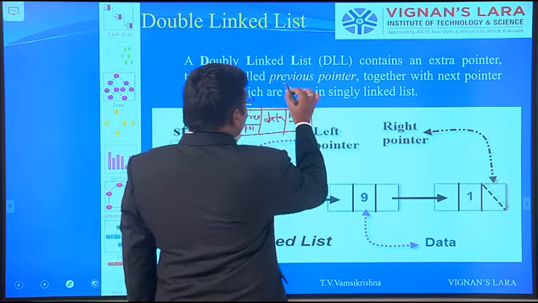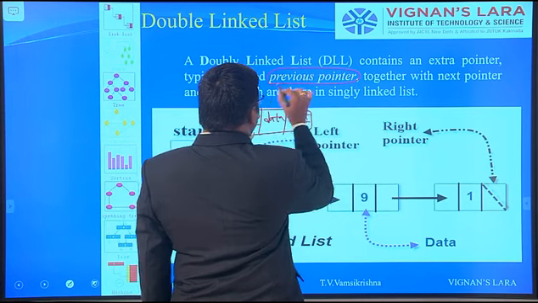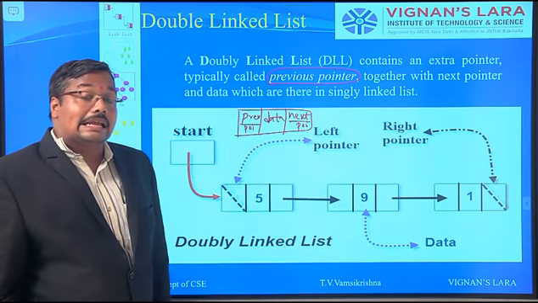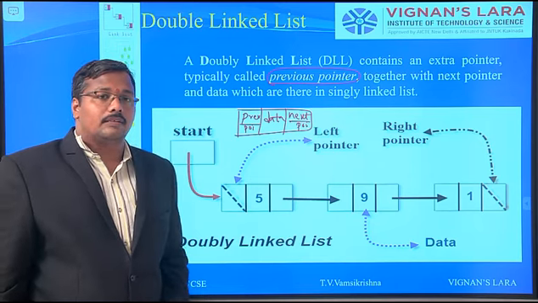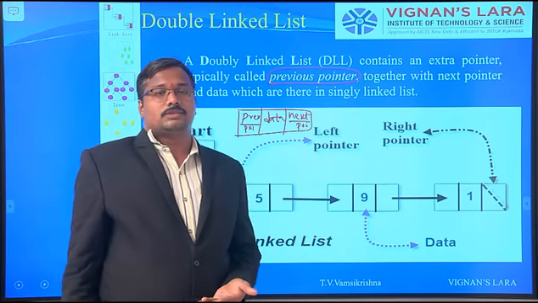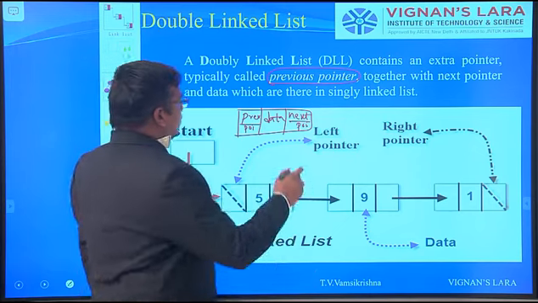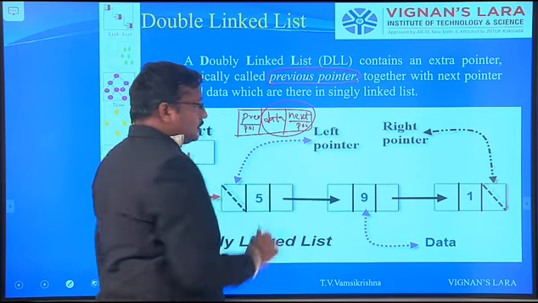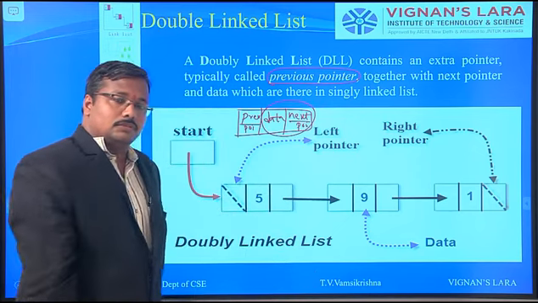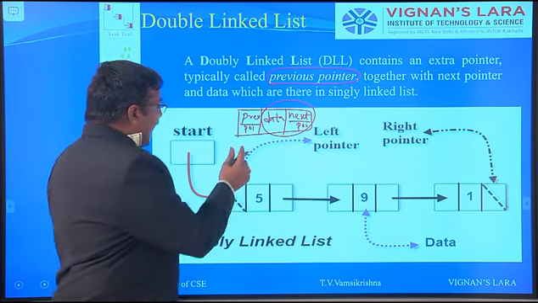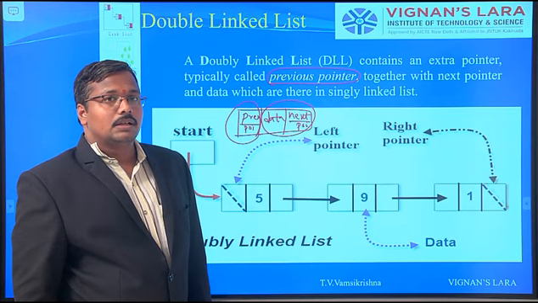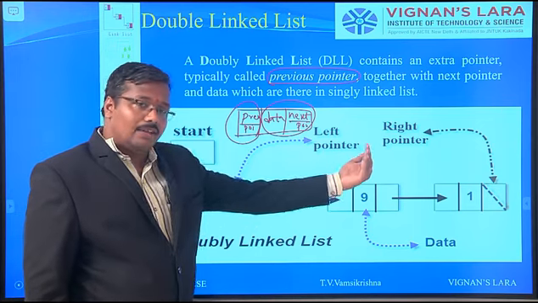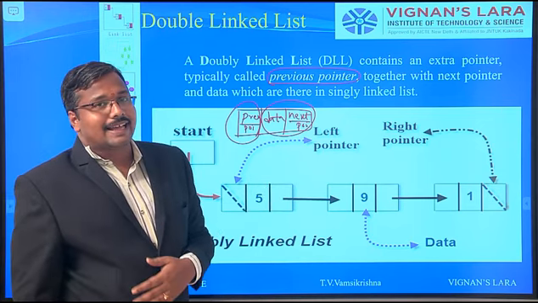The extra thing added to the single linked list, which we have practiced well, is this: in the single linked list there is data and the address of the next node. The only additional thing in the double linked list is the previous node address. By using the previous node address only, we move in the backward direction.